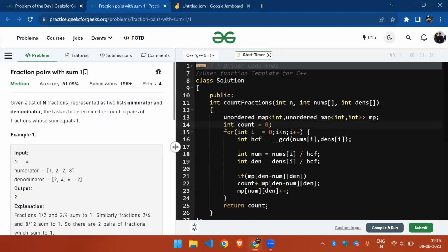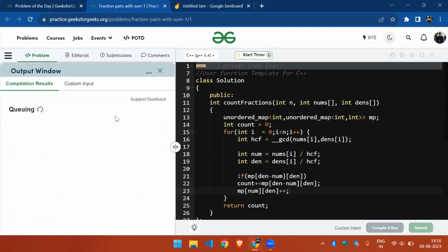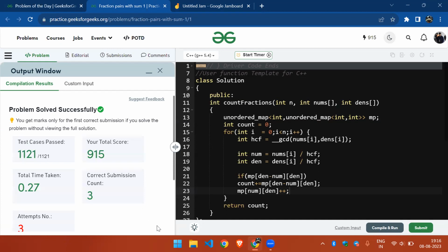Initially count is 0, and we iterate over the arrays, and we keep finding the GCD and then dividing the numerator and denominator by it. We check if the other element exists in the map, then we simply add its frequency to the count. If you submit, this code works fine. Thank you.